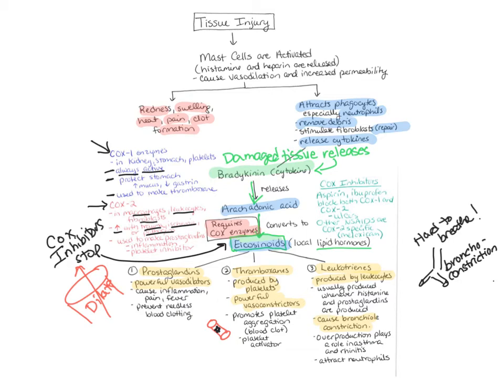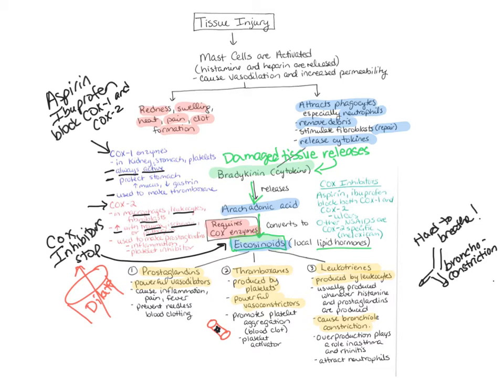So some of the COX inhibitors that are out there, like aspirin and ibuprofen, like Motrin, Advil is ibuprofen, they block both COX-1 and COX-2 enzymes. They block them both. So they're blocking COX-1.